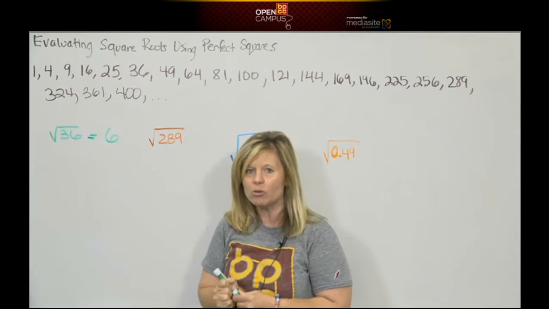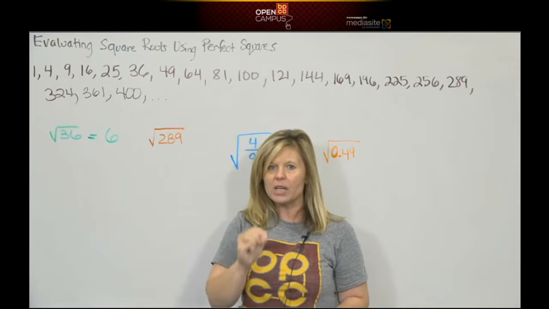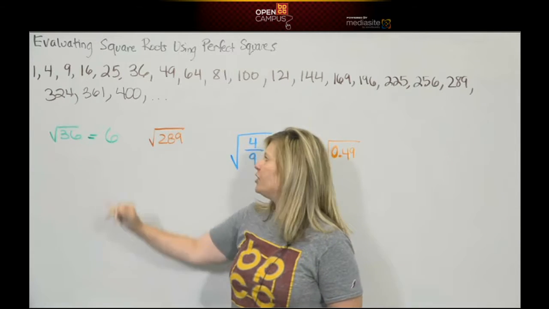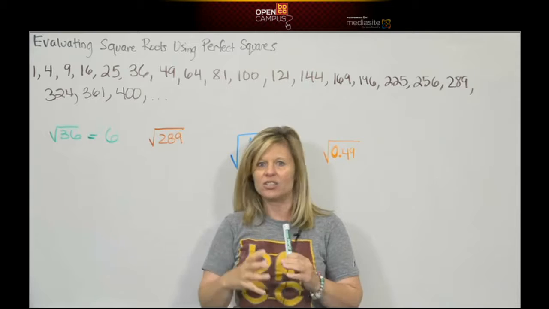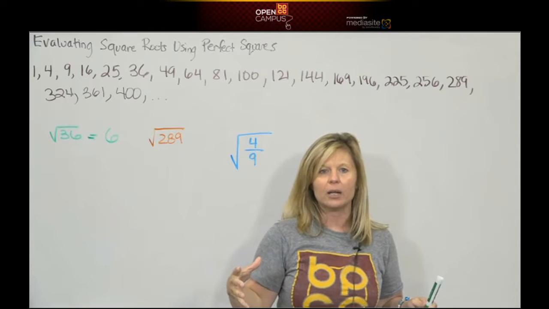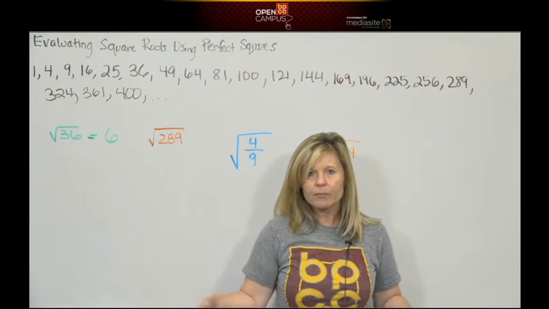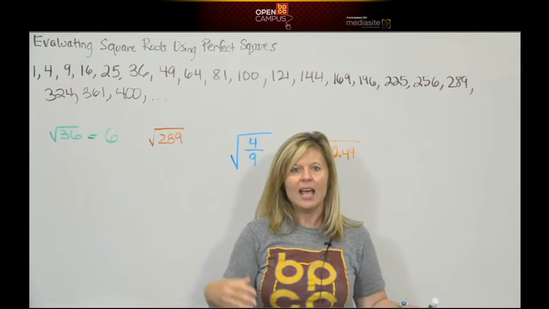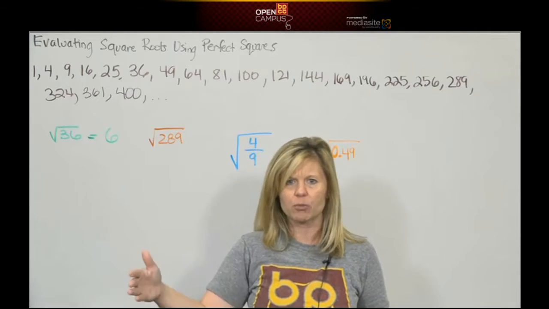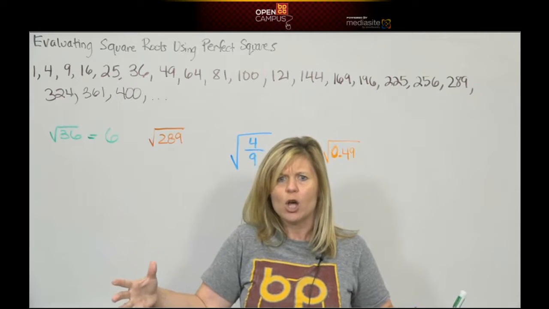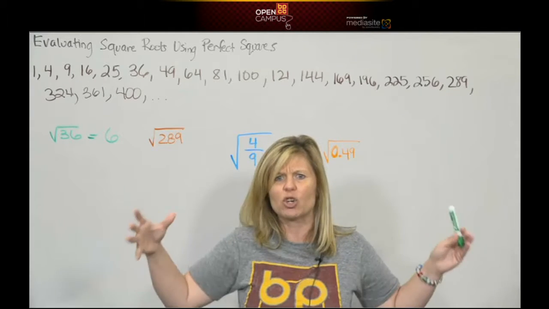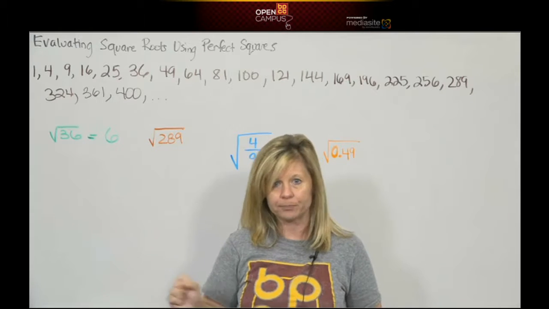Now I want everybody to notate. When I perform the operation square root, the answer is a whole number. It doesn't have a square root symbol on it. And that's because you've done the operation. Think about 1st grade. If I ask you to add 2 plus 3, you just say the answer is 5. You don't write the plus sign again because you've already done the operation.